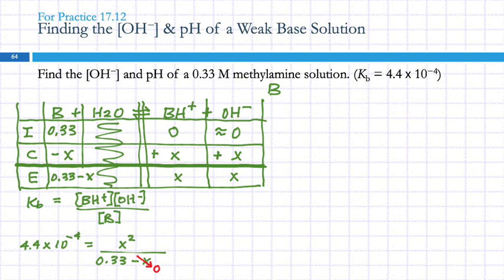So then what happens is we simplify the math, and if you write it all out and rearrange it, you end up with x squared equal to 4.4 times 10 to the minus 4 times the 0.33. And then to get rid of the square, I take the square root of both sides.